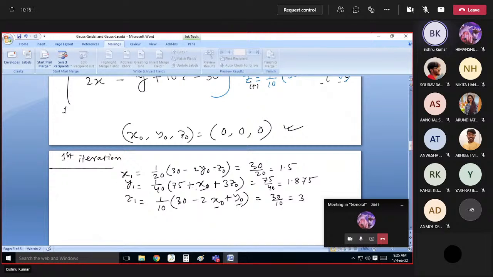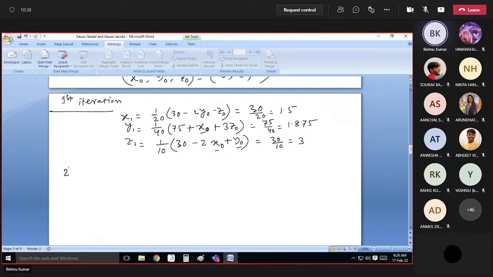But here we are not using updated values, simply the initial values in the first iteration to get x1, y1, z1. These are the first iterated values, and I will use all of them in the next iteration. Only that is the difference. Is it clear? Yes, sir.